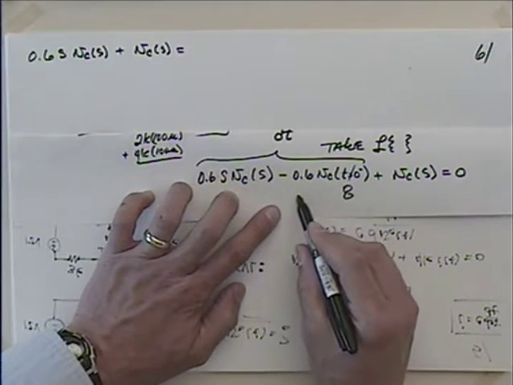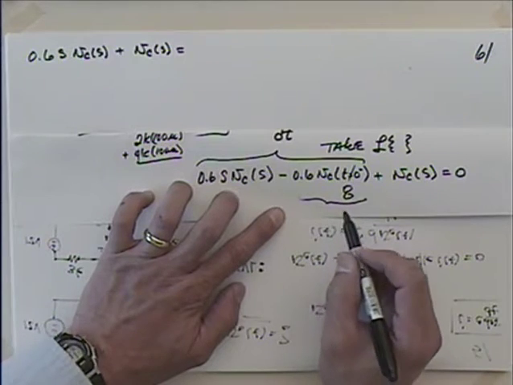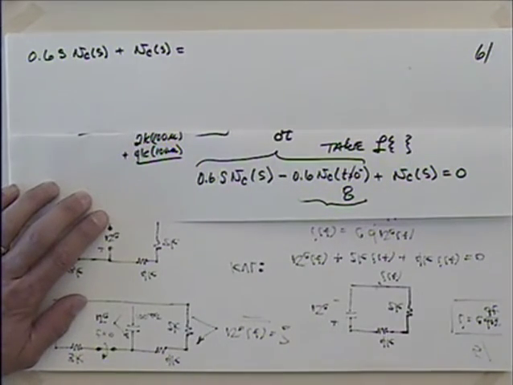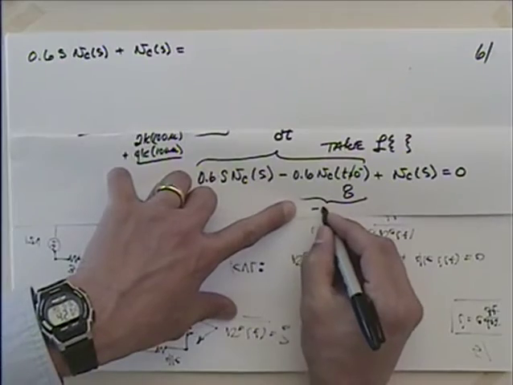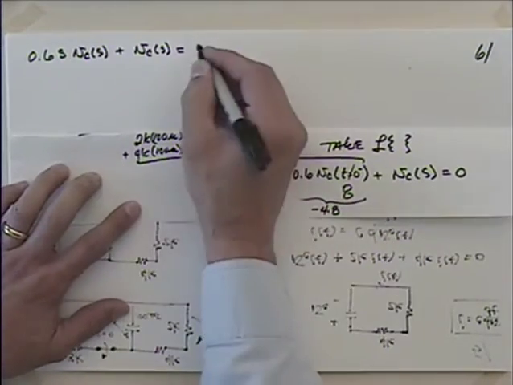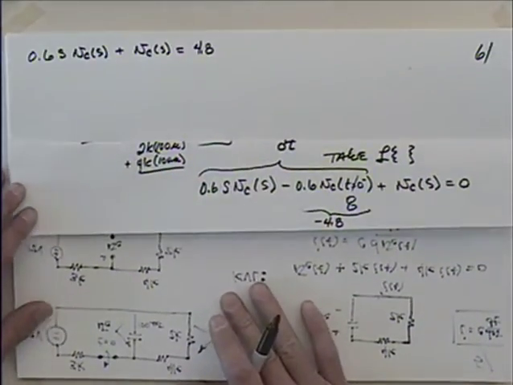It's got a negative in front of it. So when I look at this, 0.6 times 8 is what, 4.8? This is a minus 4.8, so when I move it to the other side, I get a positive 4.8. Okay.